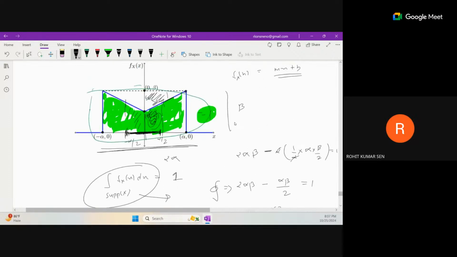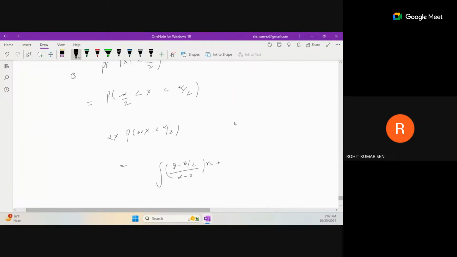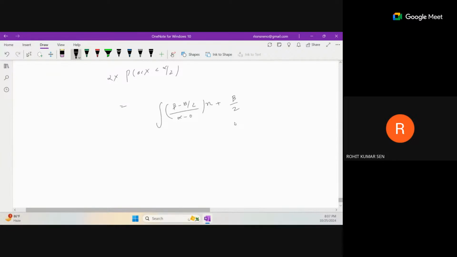What is my b? Which is the intercept at x equal to 0. My b is equal to beta by 2, right? So this is basically my PDF, you can say.